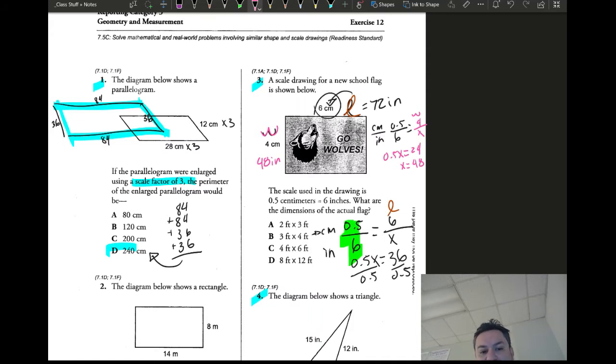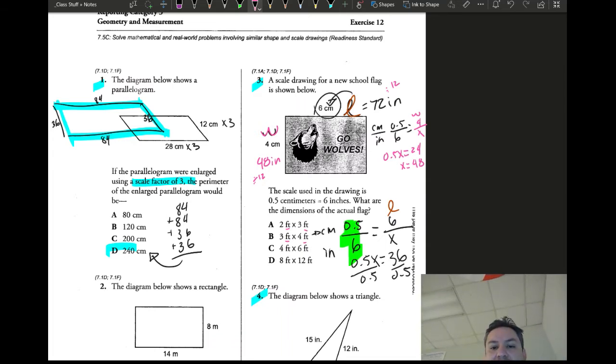Now if you notice, none of this says 48 by 72. That's because the answers are given in feet. So every foot has 12 inches. All you gotta do now is divide this by 12. And that's on the reference chart.